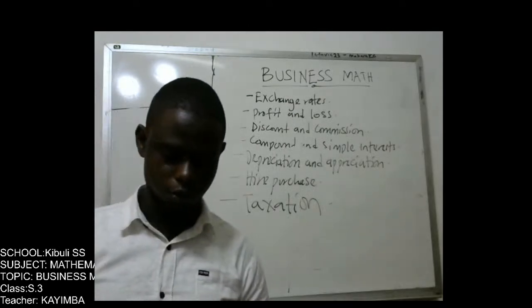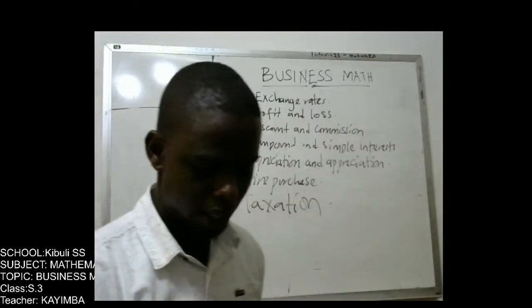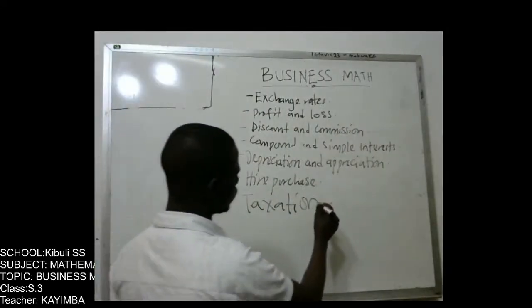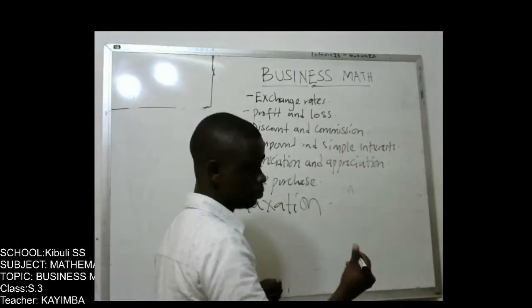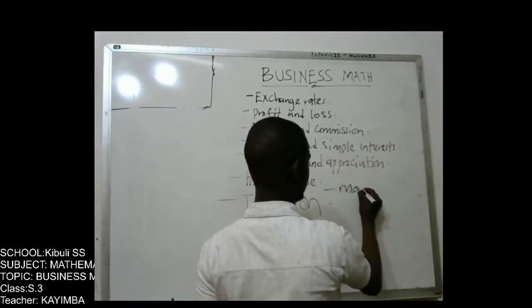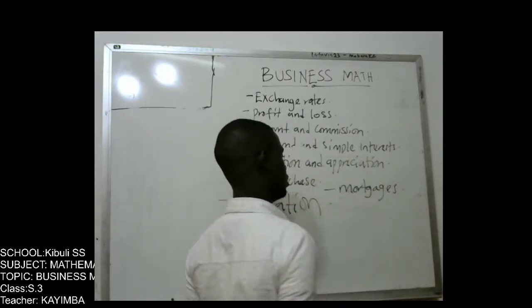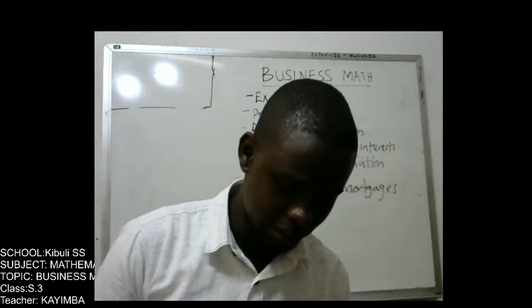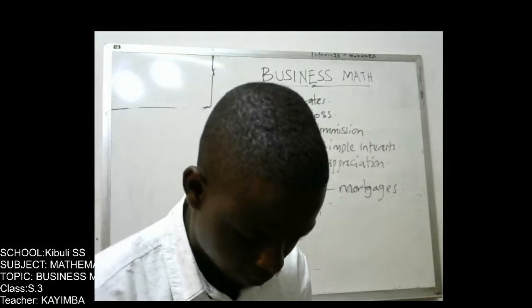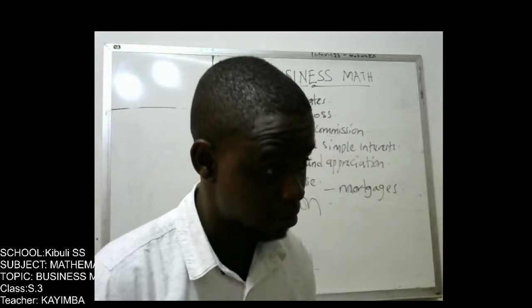So for today's lesson, I had forgotten something important. Here we may also look at mortgages. I don't know whether you've heard of this word before. Mortgages, yeah? These ones are banks, these people who construct houses and sell them, real estate developers.